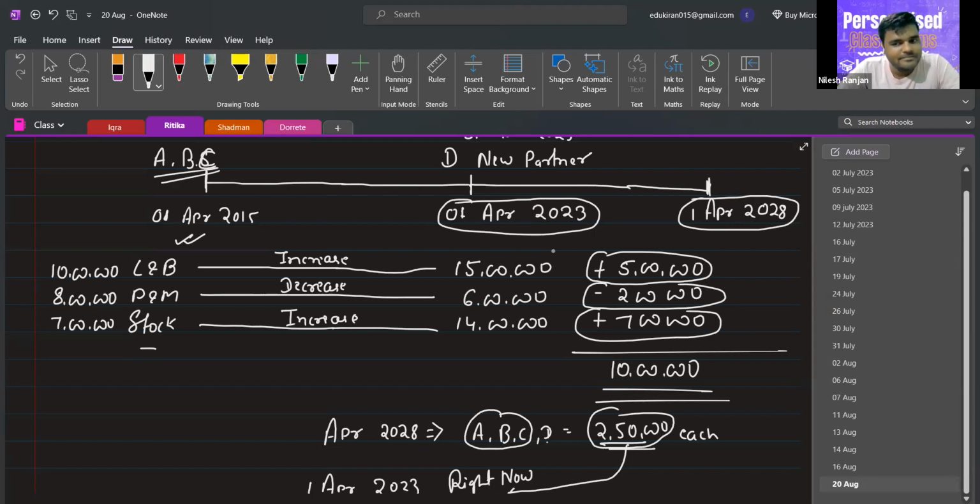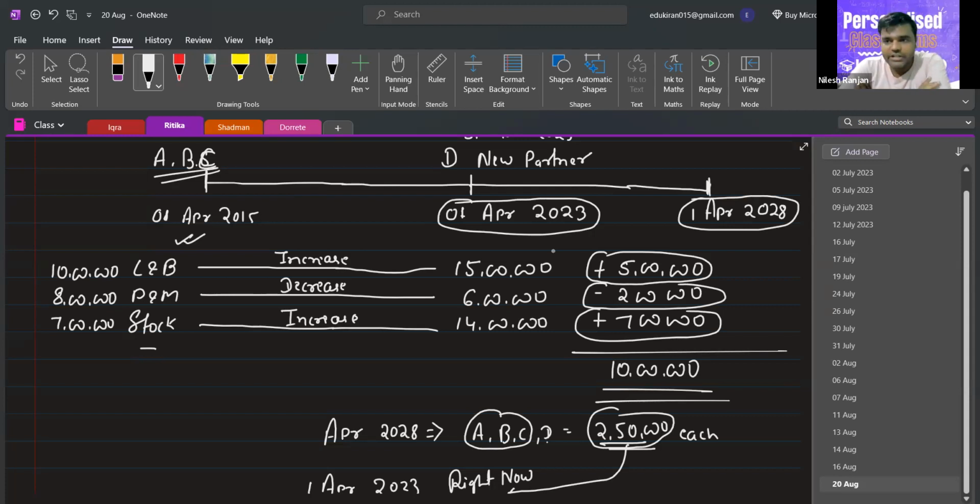So what do you think? Why are we paying him 2,50,000? Maybe because of his work in the coming years. No. This profit is related to the past. His work in the coming years is not considered for this distribution.